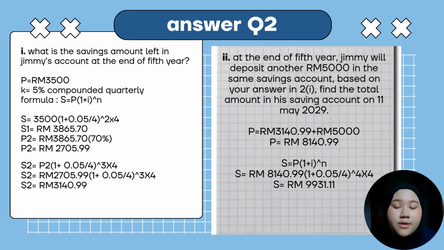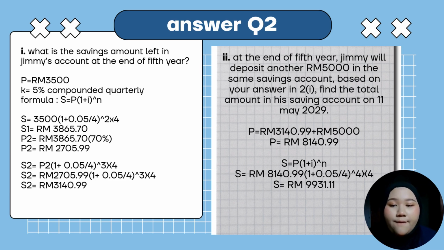P is RM 3,500, at 5% compounded quarterly. So S equals 3,500(1 + 0.05/4) to the power of 2 times 4. So S1 is RM 3,865.70.